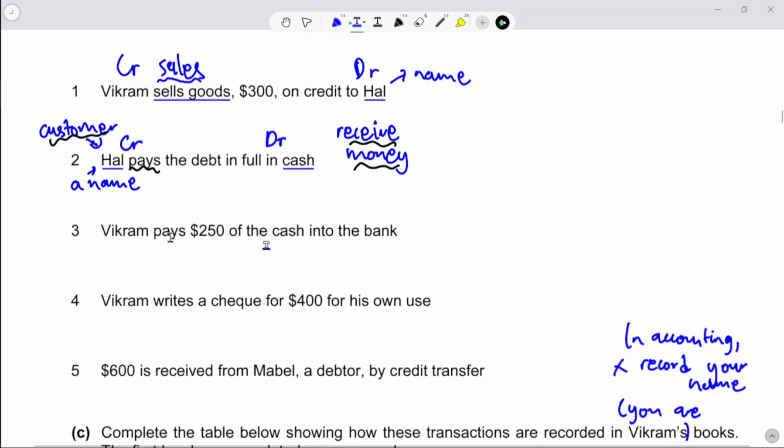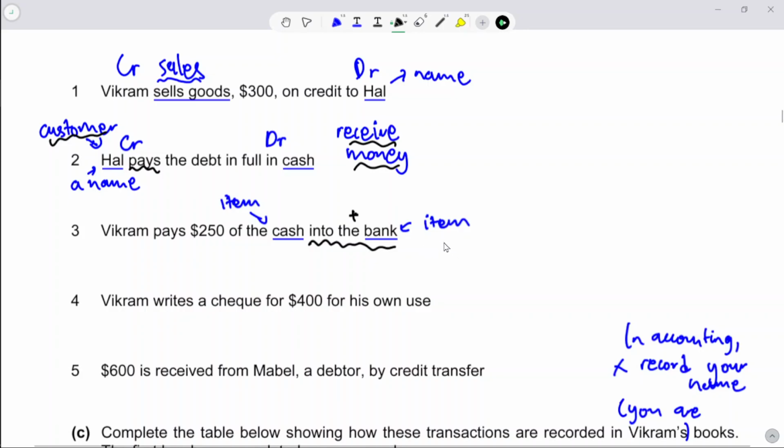The third line will be cash is an item. This one is an item. Bank is also an item. So, four lines. Into the bank, so the bank will increase.